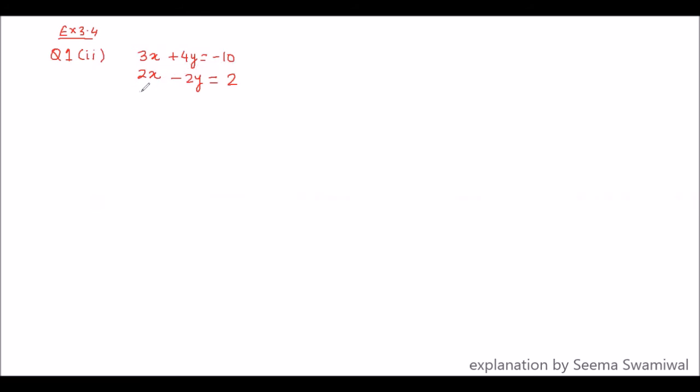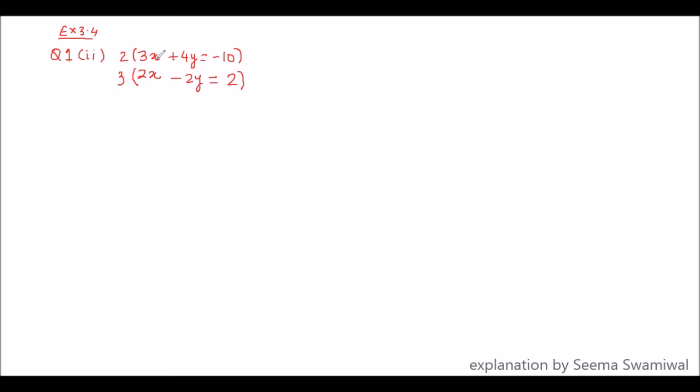First of all, let's do it by equating the coefficient of x. Since 3 and 2 are the two numbers, we will find out their LCM. The LCM is 6. To make them both equal to 6, I have to multiply this equation by 2 and this equation by 3. So the first thing is to decide the variable whose coefficient you want to equate.